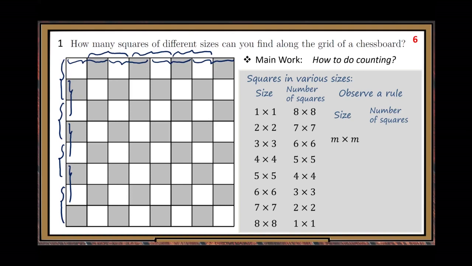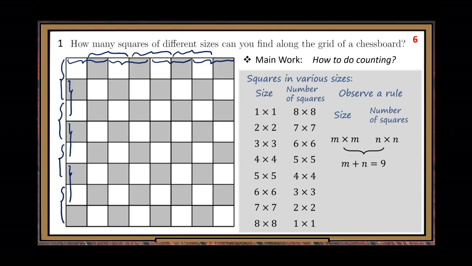And number of squares, n by n, n times n, that number. Then we can see a simple rule from the first 2 columns of data. That is m plus n equals 9.